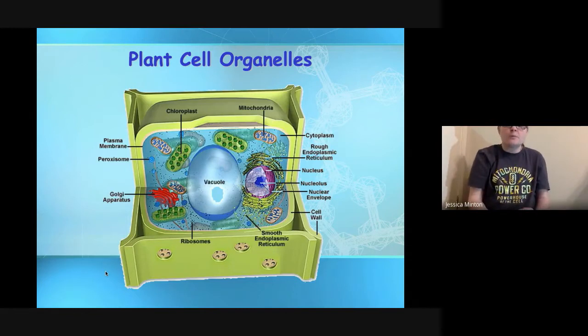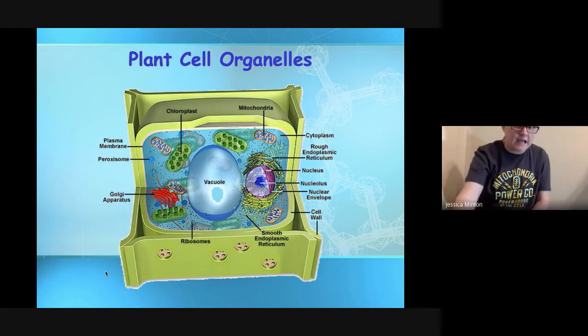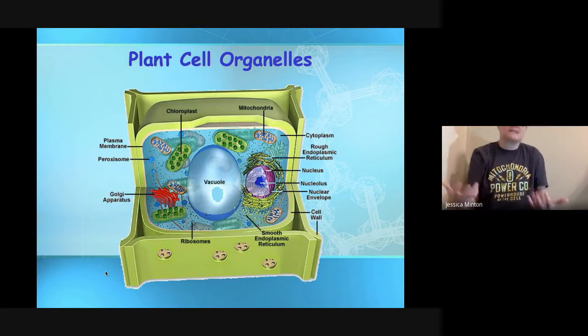So one of the big things is that structure and function for some of these organelles are going to be very similar. However, plants and animals do have specific parts that the other one might not have or doesn't have completely.